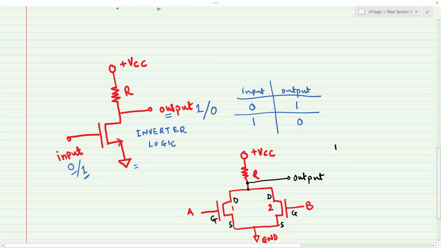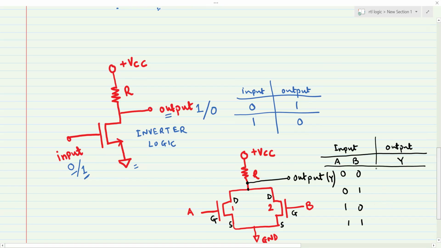So let me say there are two inputs, A and B, and this is going to be the output, let's say Y. And obviously there are four combinations: 0 0, 0 1, 1 0, and 1 1. So when that is the case, we want to see what the output looks like.